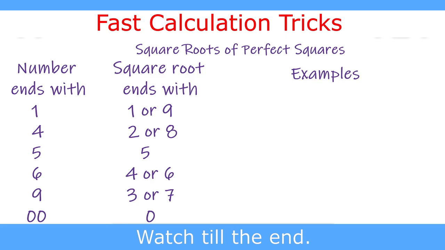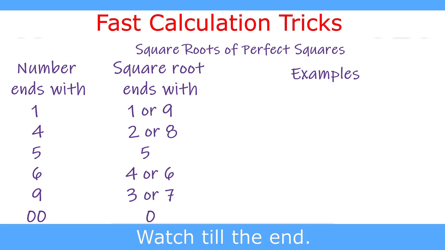The number which is a perfect square and ends with 5, then its square root also ends with 5. The number which is a perfect square and ends with 6, then its square root ends with 4 or 6. And the number which is a perfect square and ends with 9, then its square root ends with 3 or 7.